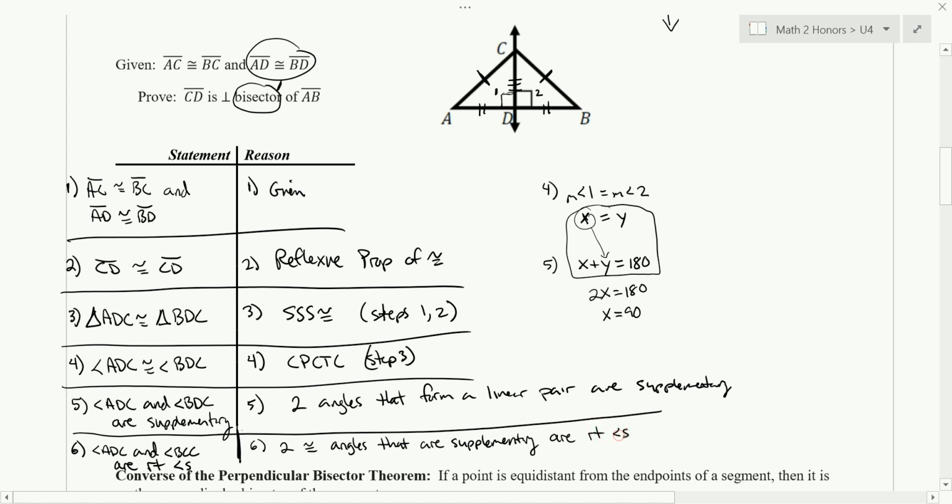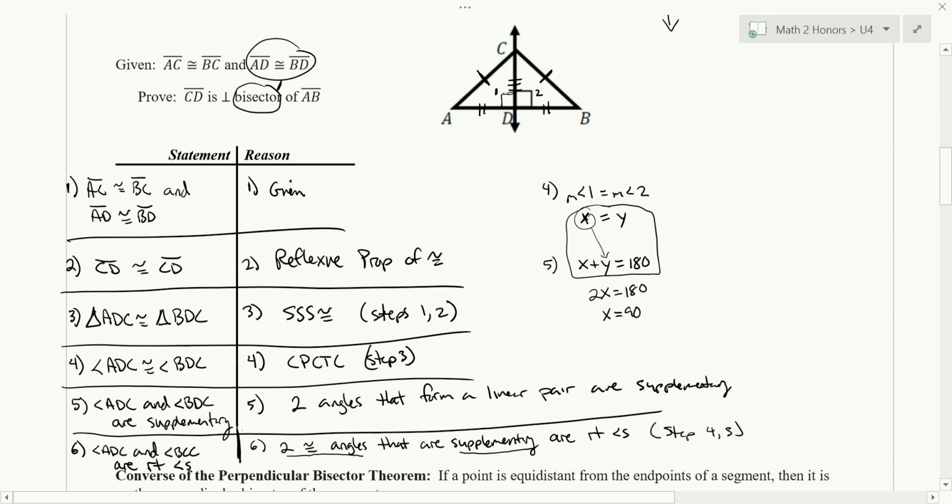Okay, because they're congruent, that's our step 4, and they're supplementary, that's our step 5. So you see here the math side of things makes them right angles, and so this is relying on step 4 and 5.